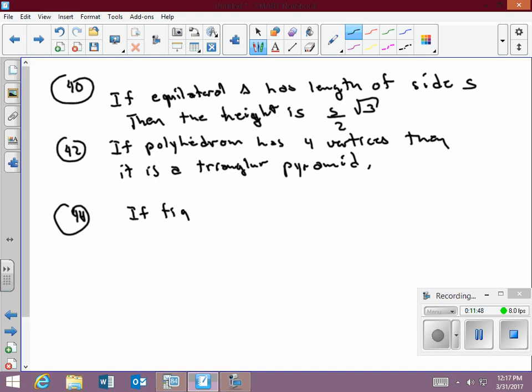If the figure is a cylinder, then it is not a polyhedron.